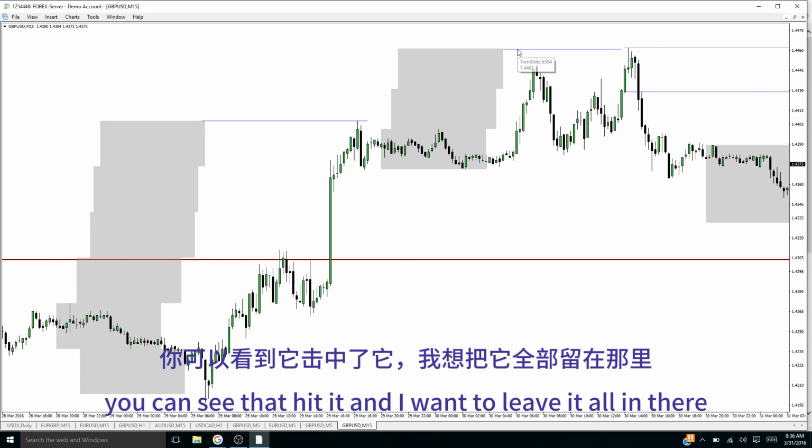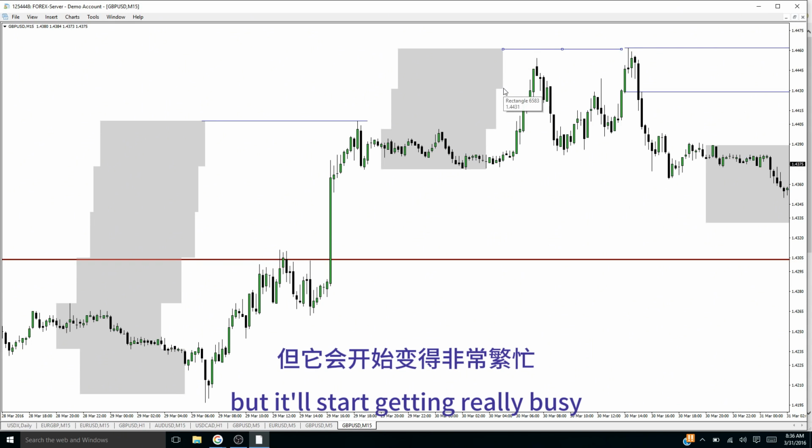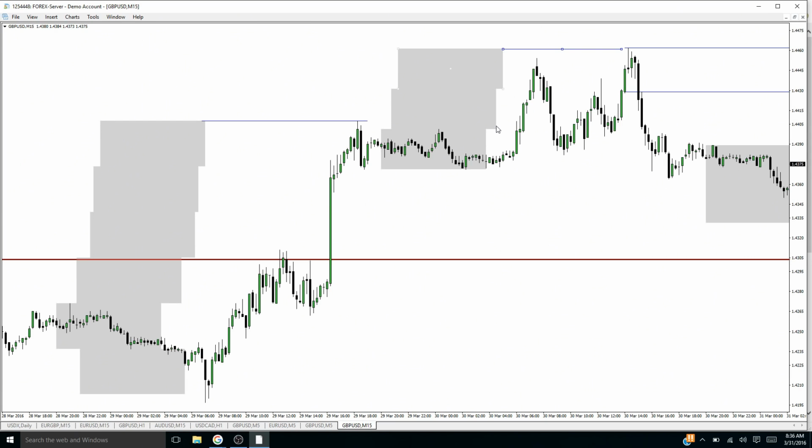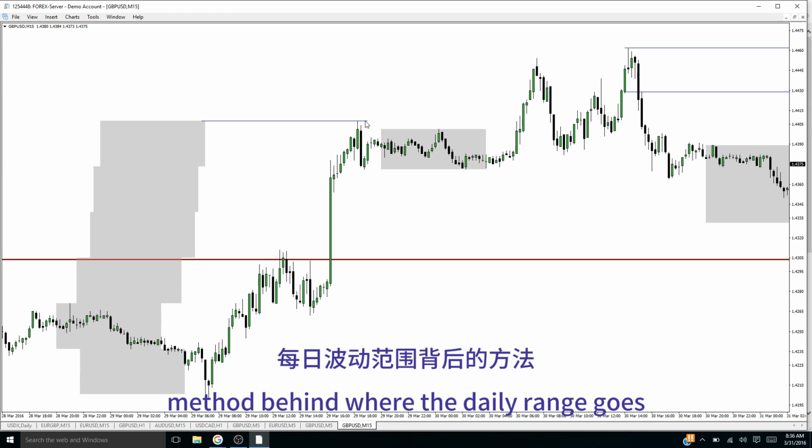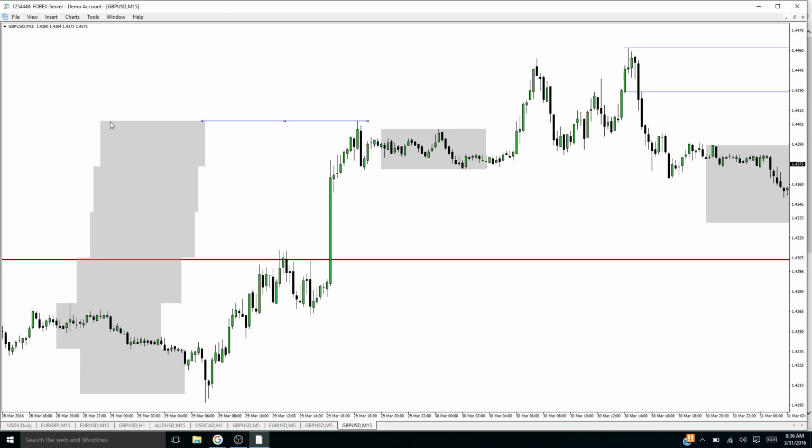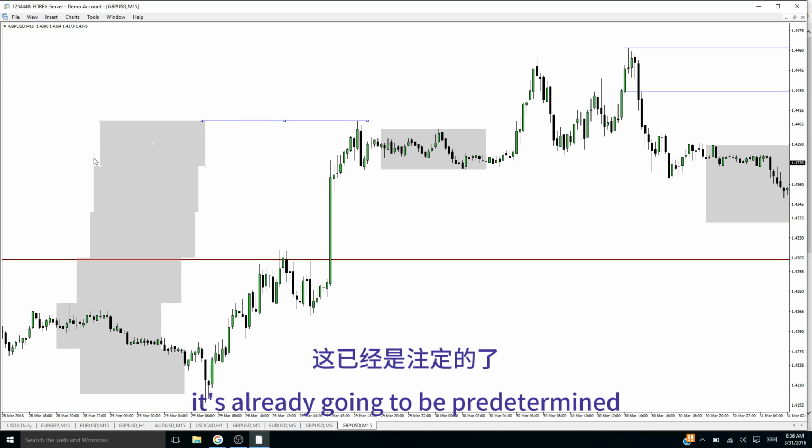And I don't want to leave it all in there, but it'll start getting really busy. So you can see there is a method behind where the daily range goes. It's not a completely random thing. It's already going to be predetermined.